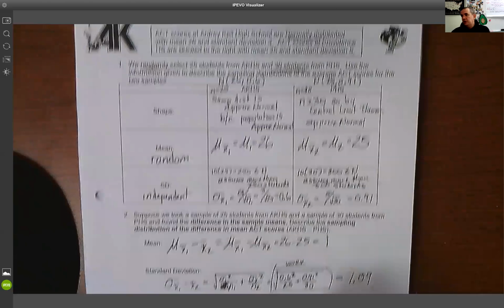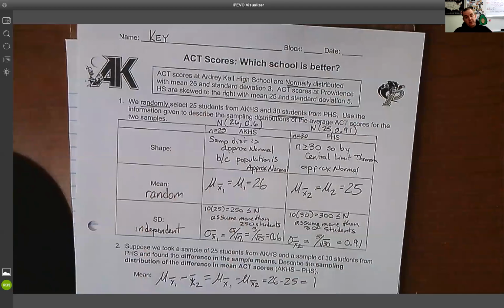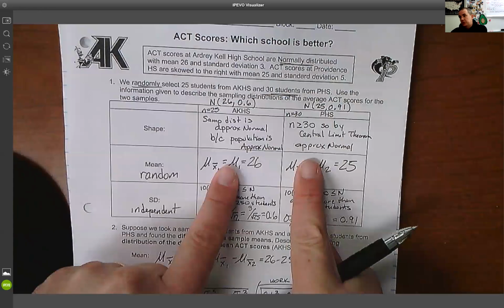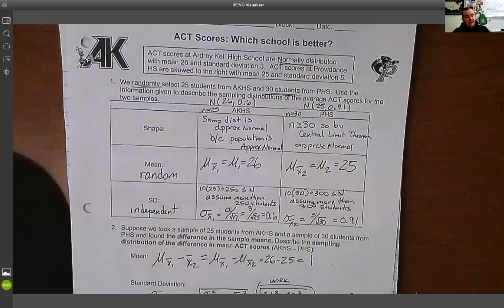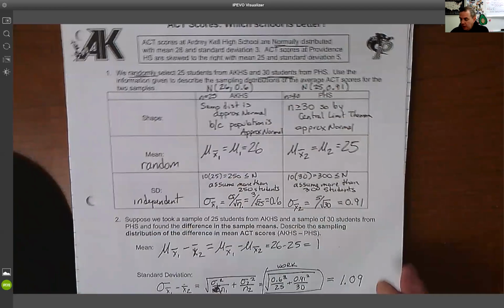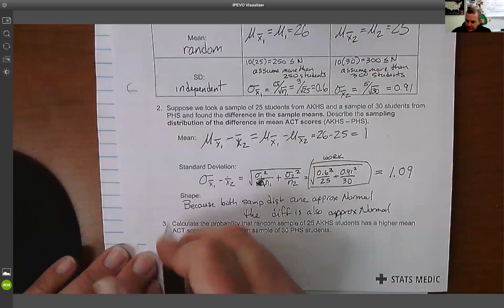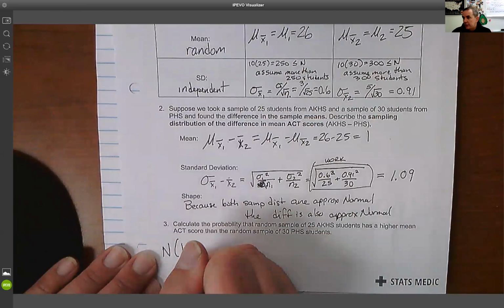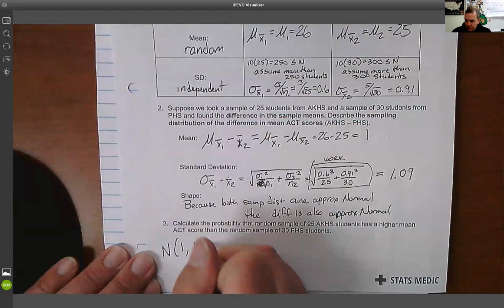It wouldn't have worked if I tried to subtract the two populations from each other because it's a normal and a skew. Normal minus skew doesn't become normal. But since these two sampling distributions are normal, I can then say their difference is normal. So what I've actually figured out is this: I have a normal distribution centered at 1 with a standard deviation of 1.09.